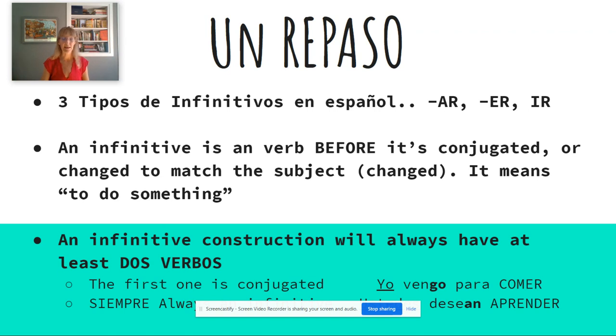Siempre, it will always include an infinitive. There will always be one unconjugated verb, like ustedes desean aprender. Ustedes, you all formal, desean, you guys desire or wish on a star. What is it that you desire to do?